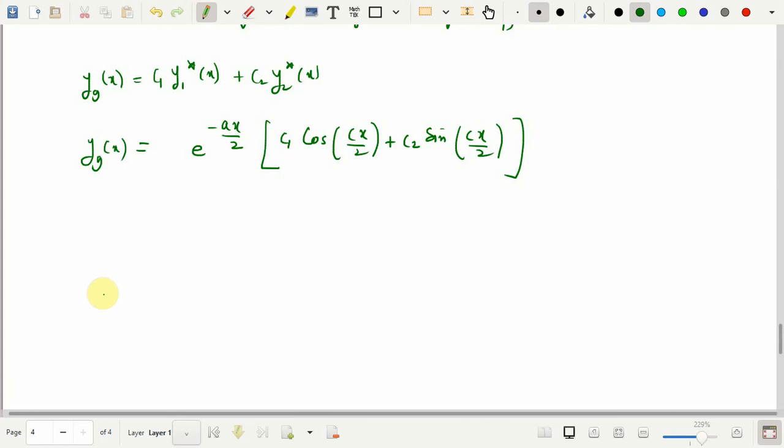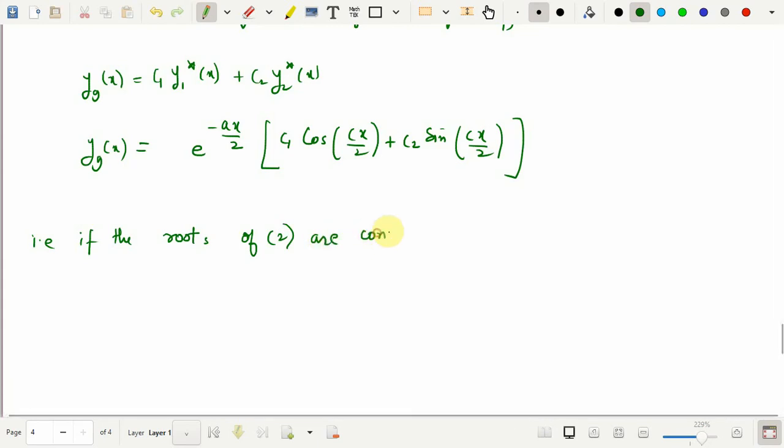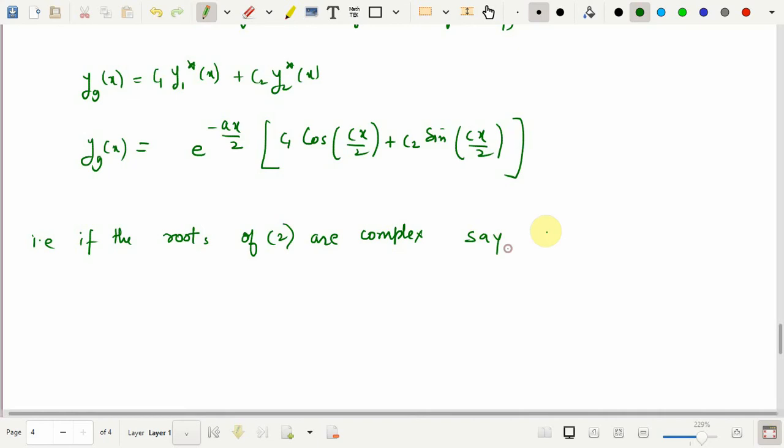but to avoid confusion I would generalize this. That is, if the roots of 2, that is the auxiliary equation, are complex, say p plus or minus iq, where p plus iq is a complex root and its conjugate is the other, then the general solution of 1 is given by basically, this minus a by 2 in this case was the real part, and plus or minus c by 2 was the imaginary part.